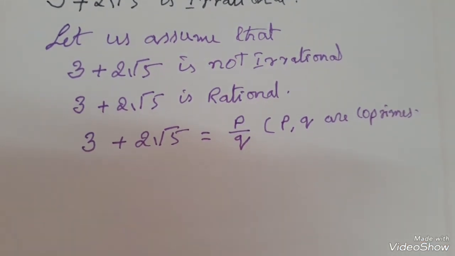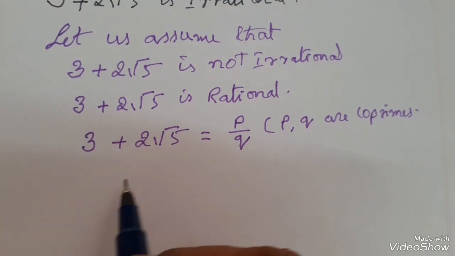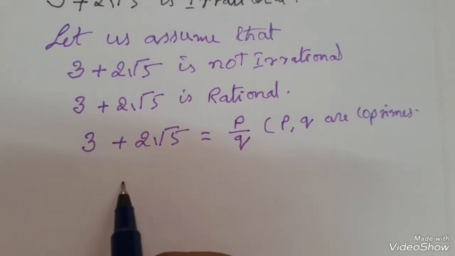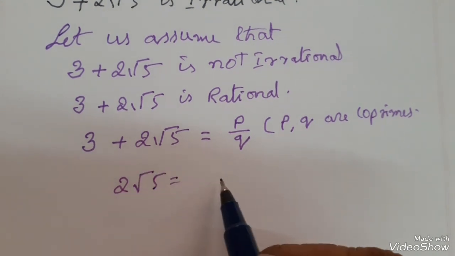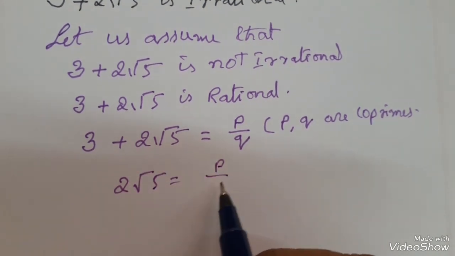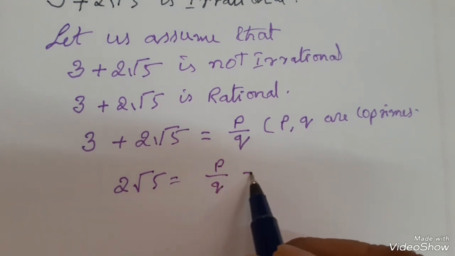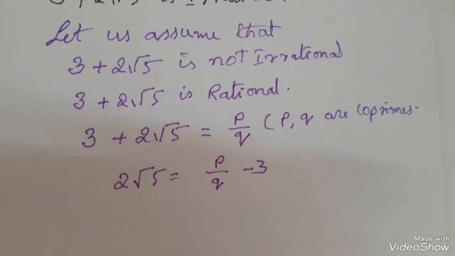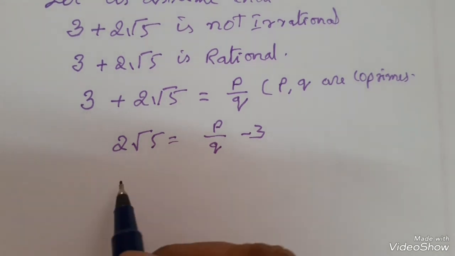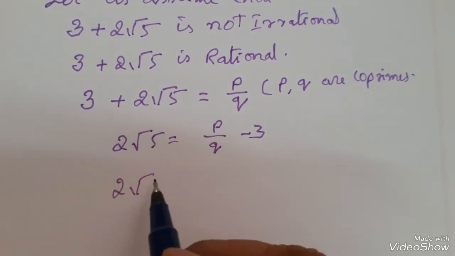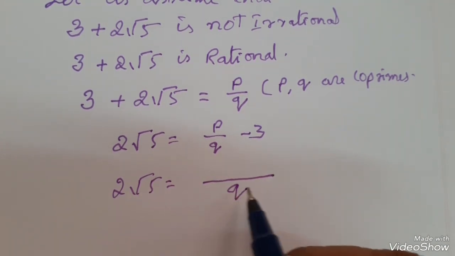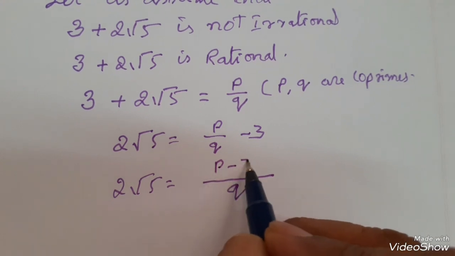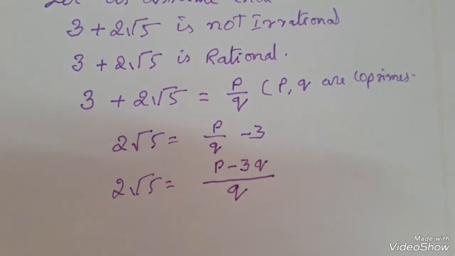Now see how we can get a contradiction. You can write 2 root 5 equal to p by q minus 3. Or you can write 2 root 5 equal to, with LCM q here, p minus 3q by q.